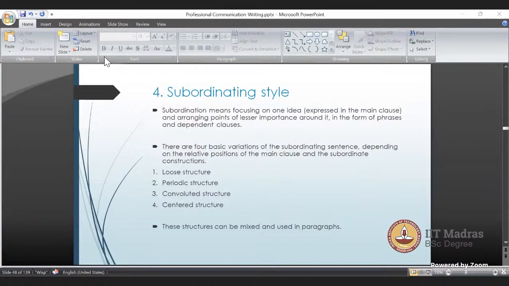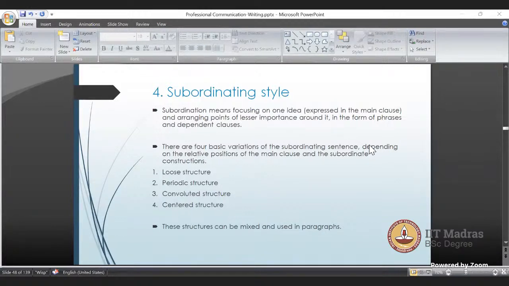Right. So the same idea is now being used to construct a special style which has its own stylistic meanings. Okay. Now, what is it? It simply means focusing on one idea and arranging points of lesser importance. So this one idea will be the main idea, which definitely is going to be expressed in the main clause. And other lesser important ideas are built around this main clause.